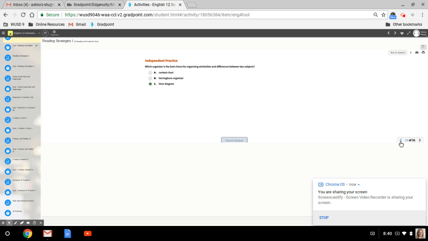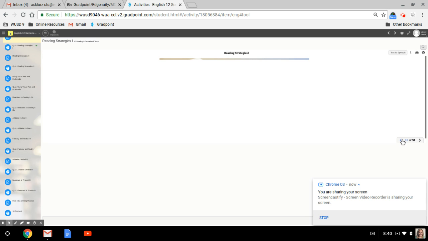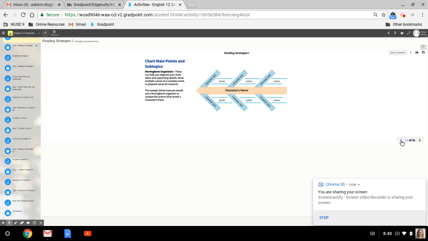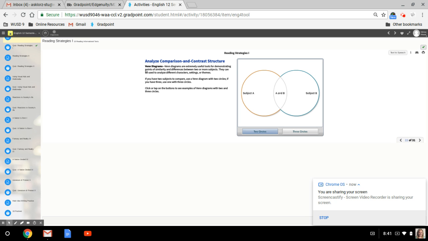Other types of things you're going to want to put in your notes are some of these check for understanding questions. A lot of times, those are the same questions that are on your quizzes. The other thing that you're going to want to put in your notes is if they give you graphs and charts. Those are good pieces of information to have in your notes. And then at the beginning of most lessons, they have definitions.